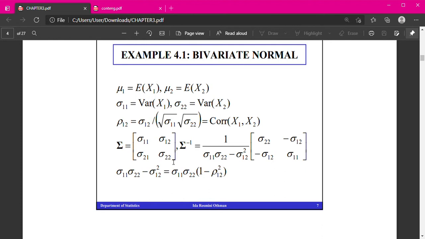Okay, so nak dapatkan mu dan variance-covariance matrix ni dah belajar sebelum ni kan, sama ada we need to calculate it manually one by one ataupun it will be given. As long as you kena tahu di sini the diagonal kat sini adalah variance for the variable, and then di sini sigma 1 2 and sigma 2 1 ni adalah covariance between the two variables.